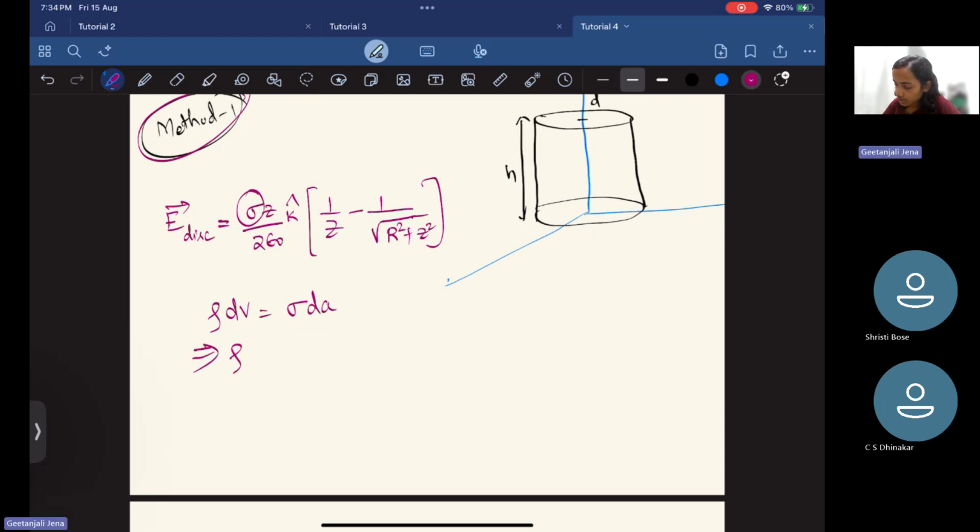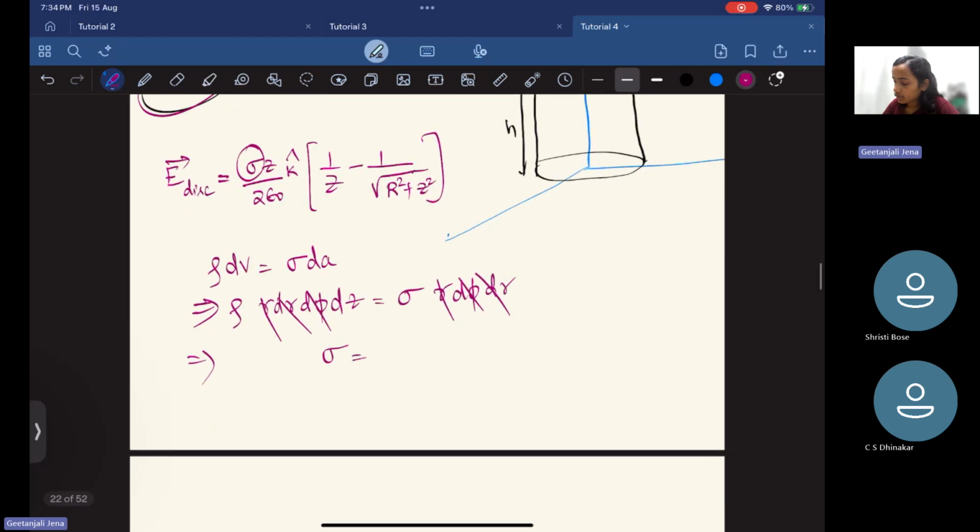So dV will be, sorry, not r square, it will be r dr d phi dz, right? And dA will be r d phi dr. So this will cancel. That means sigma is related to rho as sigma equals rho dz.